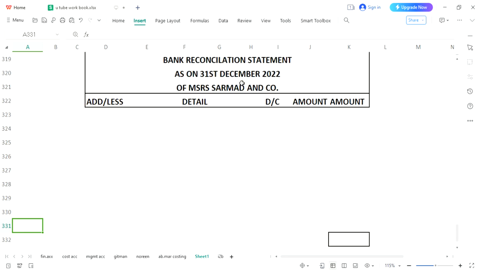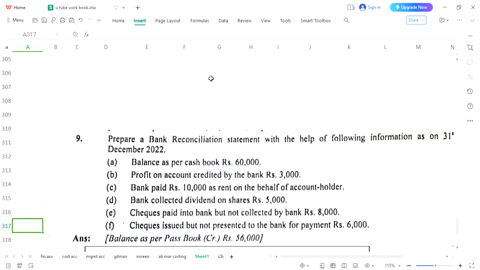We have three headings. First is for bank reconciliation statement. Second is for the date, and you can see that the date is 31st December 22. But the third line for name is not mentioned in this question.